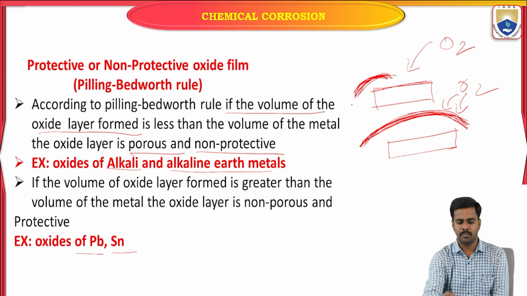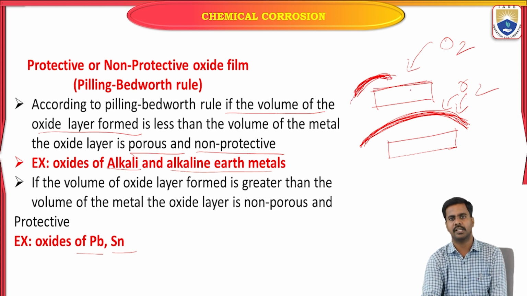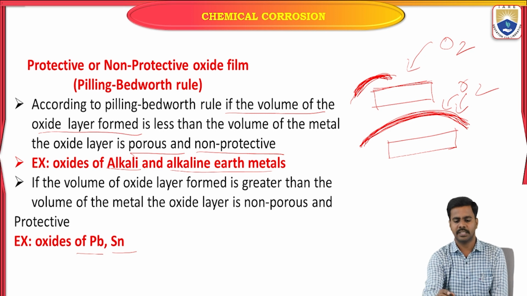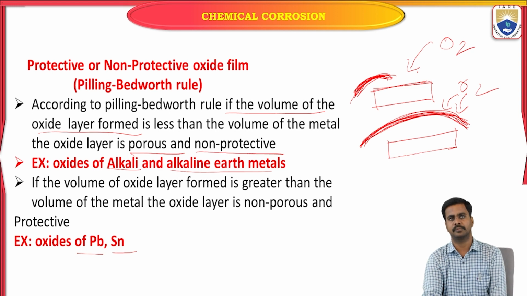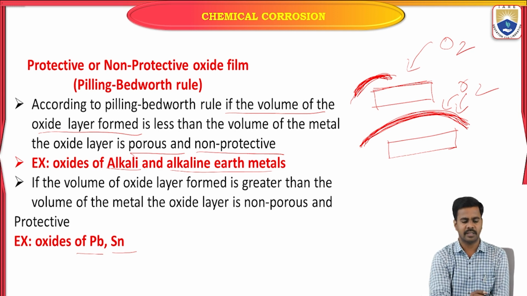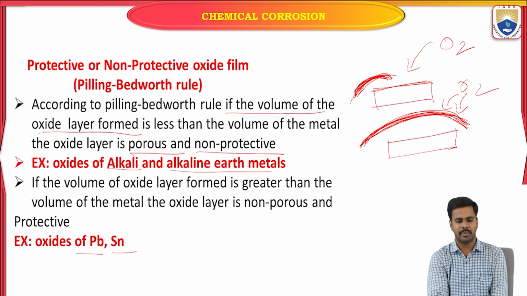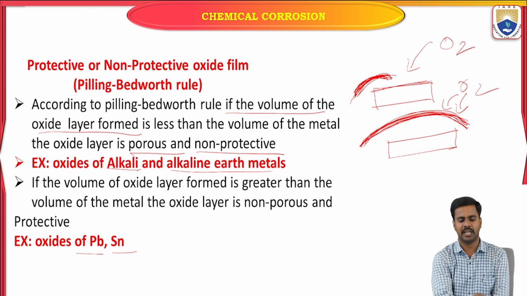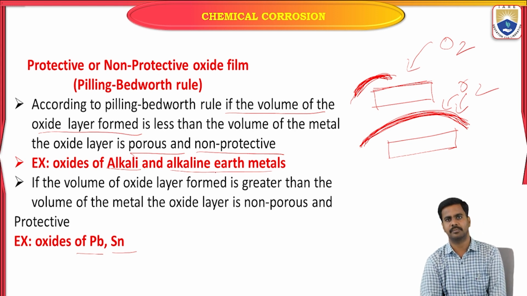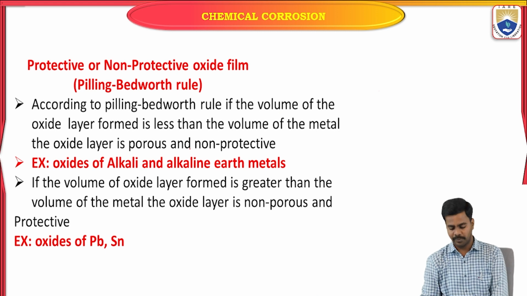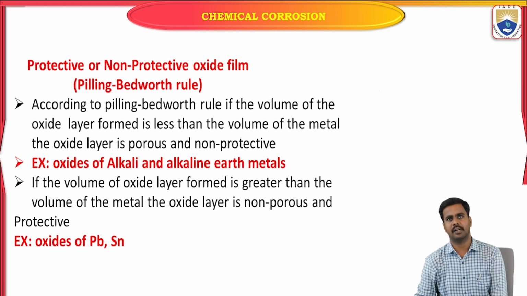Whereas if the volume of the metal oxide layer is less than the volume of the metal to be consumed, the metal oxide layer is porous and non-protective; examples are oxides of alkali and alkaline earth metals. So that is the Pilling Bedworth law or ratio.